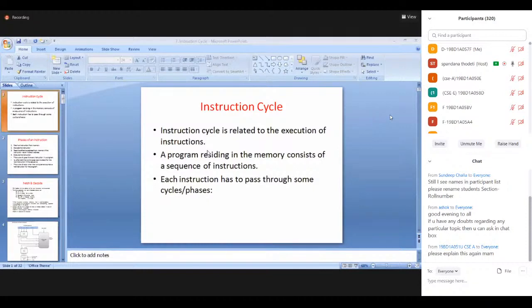IO reference instructions. Okay, 518 asked for IO reference instructions. 51U, bus line also. I didn't get you, ma'am. What is this bus line? Bus system, you want me to explain? Okay. 518 asked me to explain IO reference instructions, I'll go with that.